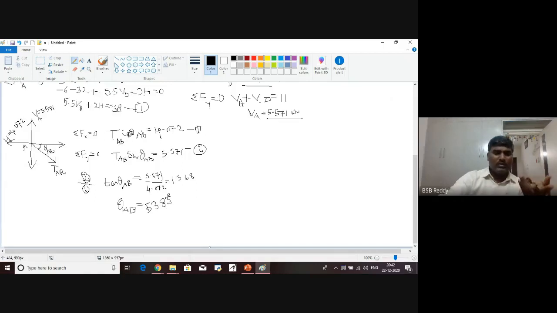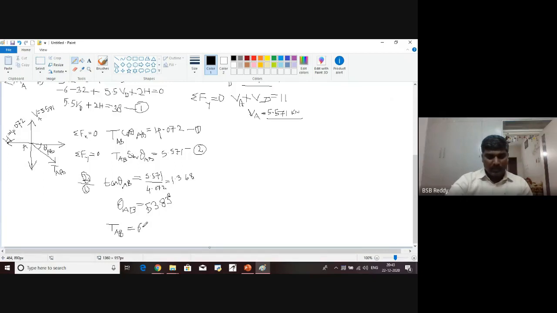Now if you want TAB, substitute this theta in any one of these. So let's substitute it in 1. TAB is equal to 4.072 divided by cos 53.83 degrees. So it is 6.9. It is actually 6.899.